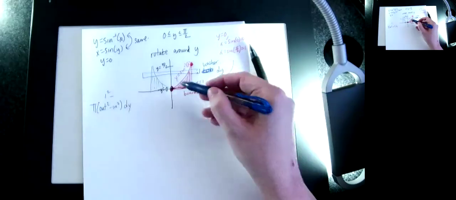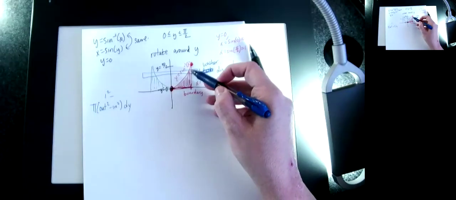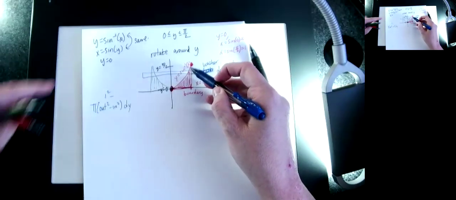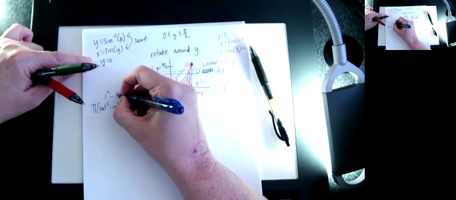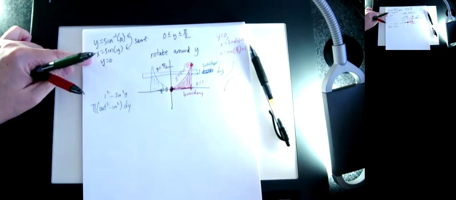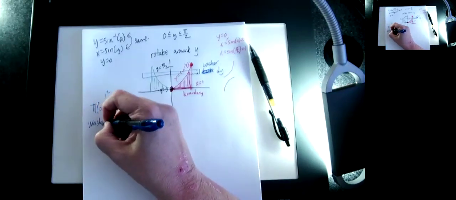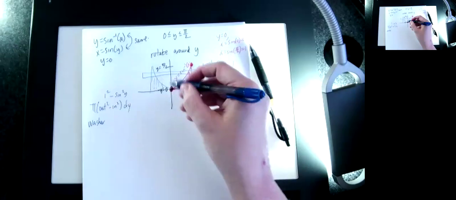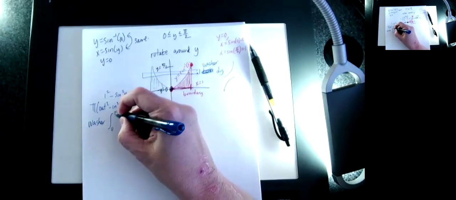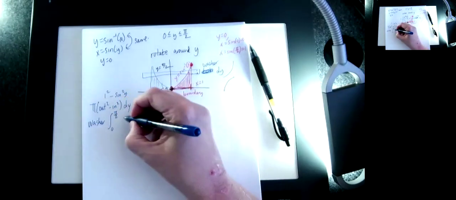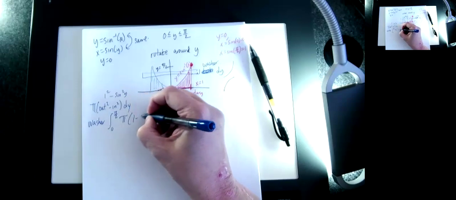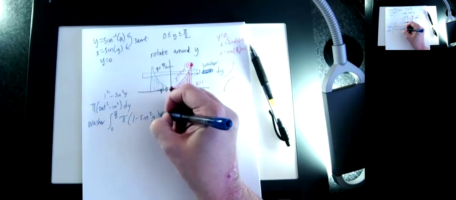And the inner radius, we want in terms of y. So sine squared y. So our washer method setup is giving us, from 0 to pi over 2, pi times 1 minus sine squared y dy.